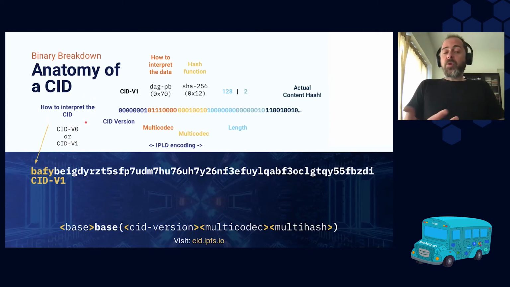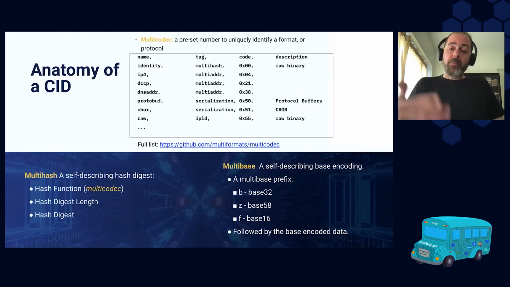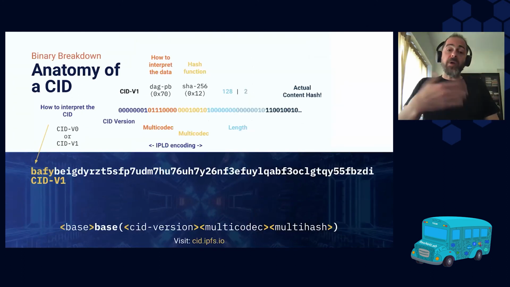From that point on, once we apply the base 32 algorithm, we go to a binary format that will look something like this. In there, we have the CID version. We also have a series of multi-codecs, with the first one being used to know how to interpret the data. In this case it is the DAG protobuf, and it has this code.